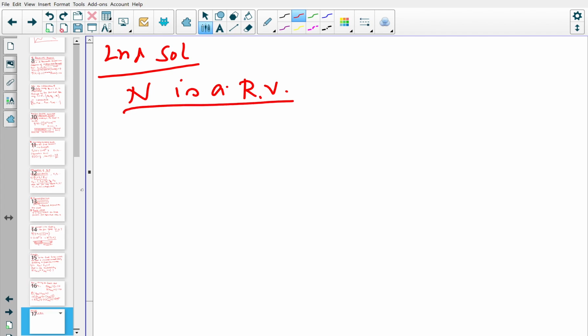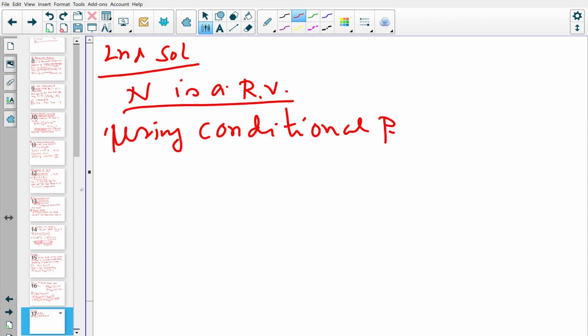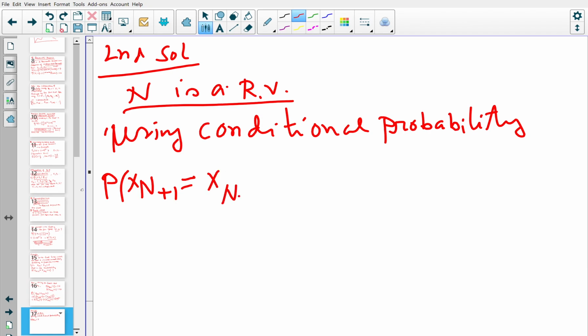So you can use the conditional probability formula. The probability that x_{n+1} and x_{n+2} are both failures depends on which position N is going to have, so it depends on N. Suppose small n is the place of the first position.